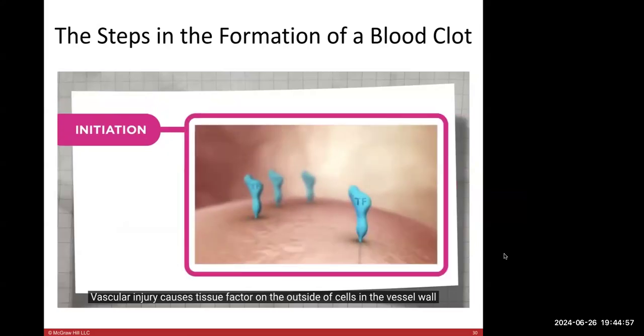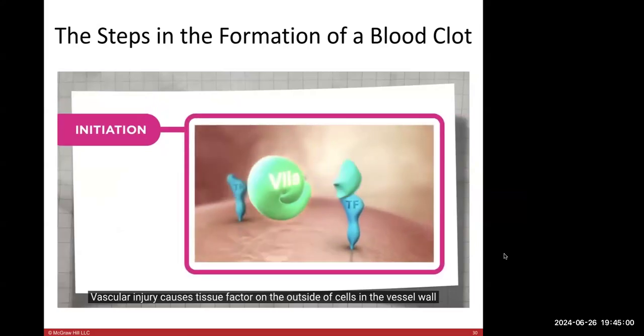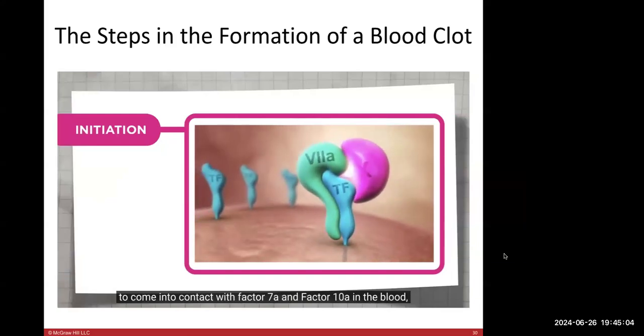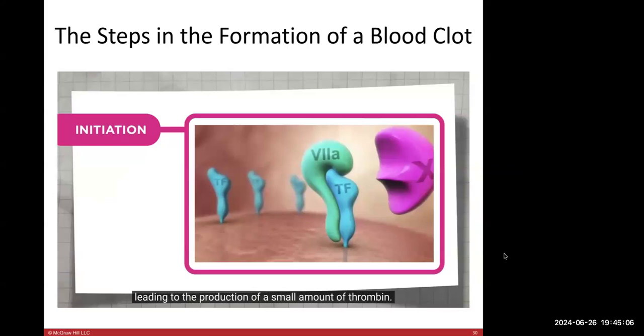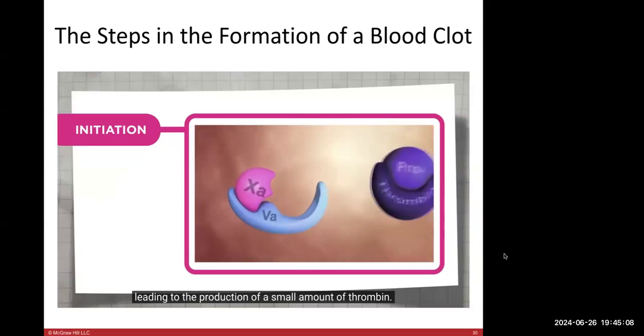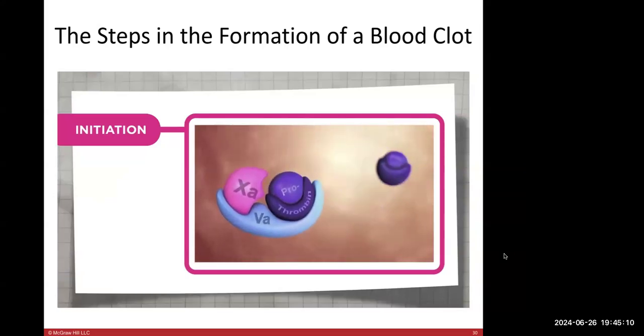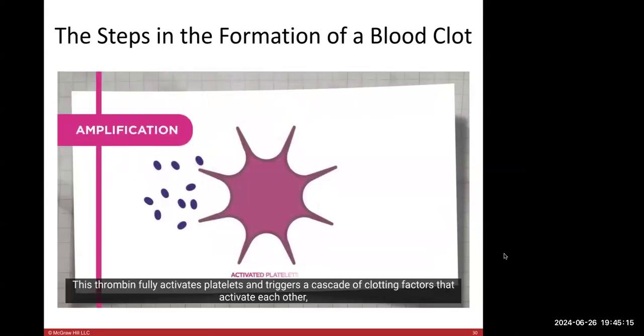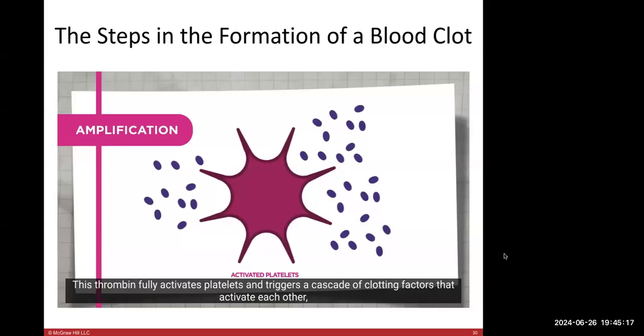Vascular injury causes tissue factor on the outside of cells in the vessel wall to come into contact with factor 7A and factor 10A in the blood, leading to the production of a small amount of thrombin. This thrombin fully activates platelets and triggers a cascade of clotting factors that activate each other, culminating in factor 10A-mediated generation of a larger burst of thrombin production on the platelet surface.